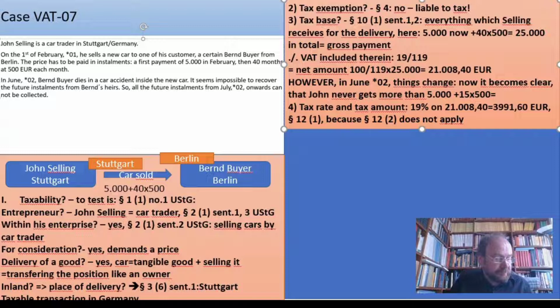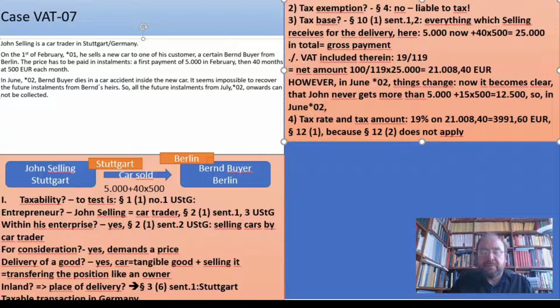So 12,500. So in June 2002, a correction of the tax base has to be declared.